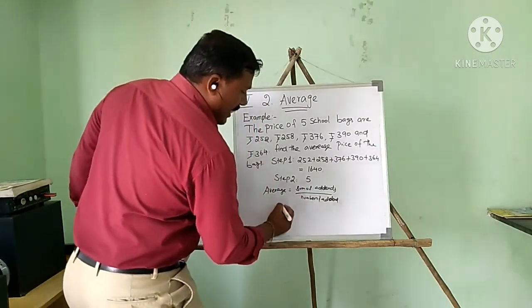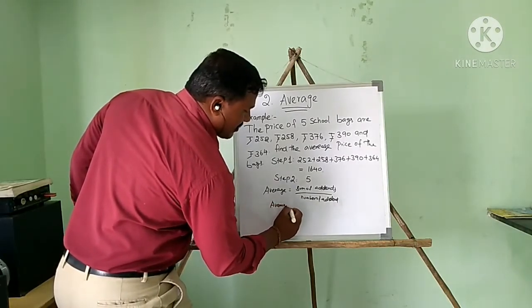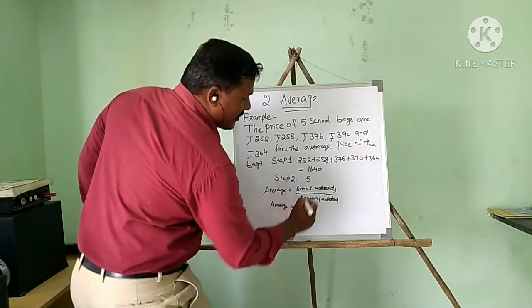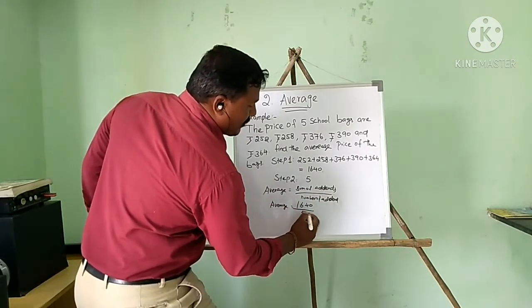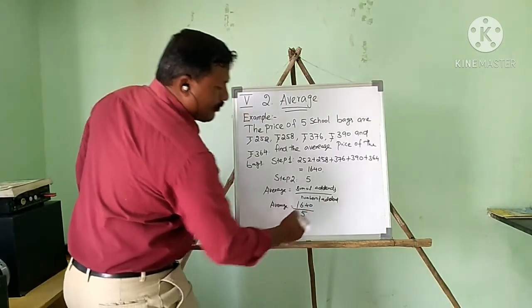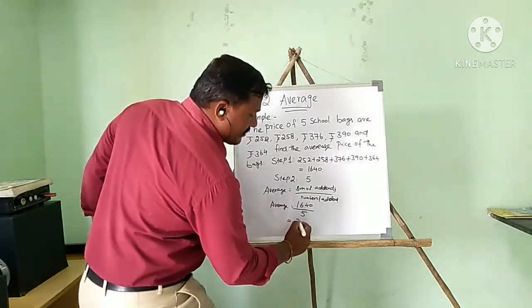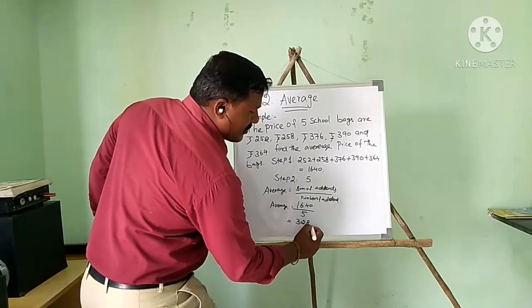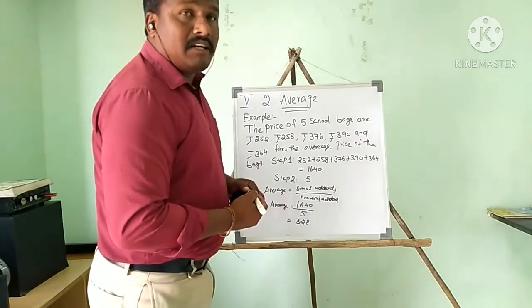Average is equal to the sum of addends 1640, number of addends 5. If you divide this, you will get 328. This is the average price of the bags.